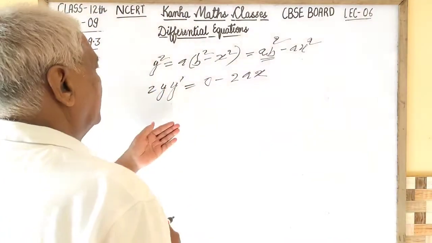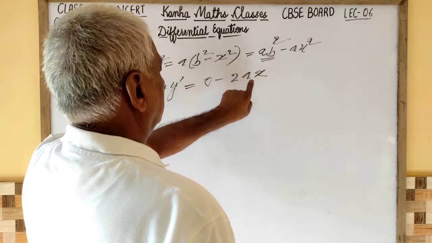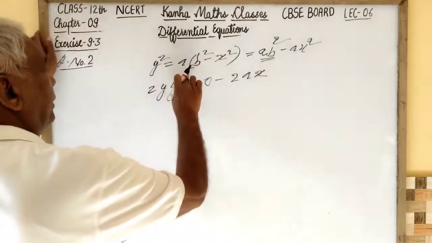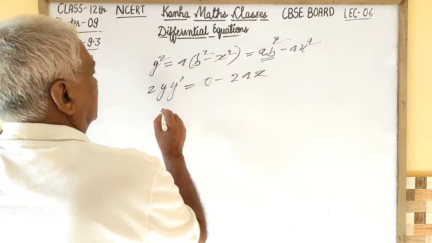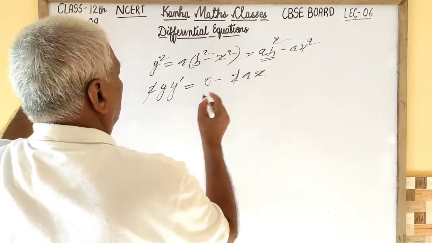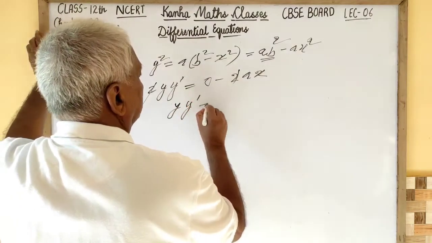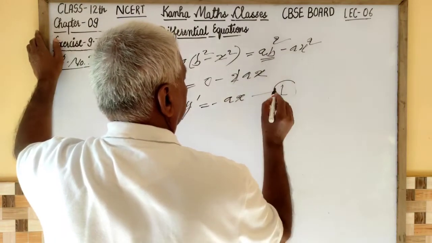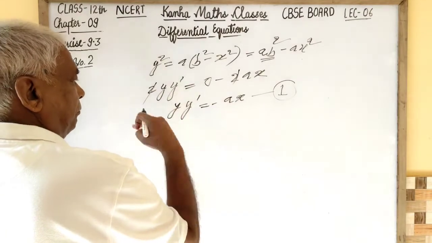But it still includes the arbitrary constant a, hence in order to eliminate this a, we should find a further derivative, that is of the second order. Taking 2 as common, this will be y y dash is equal to minus ax. You may represent this by equation number 1.